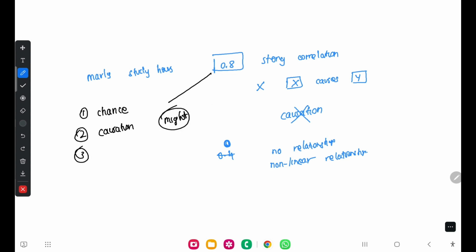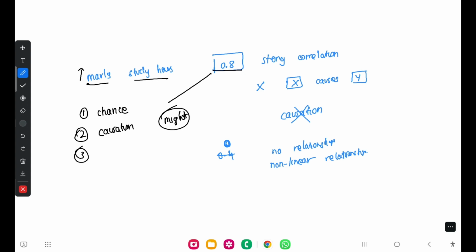And the third factor is maybe because of another variable. Here we took only marks and study hours, and we found a positive relationship of 0.8. But sometimes marks can be increasing not because of study hours but because of some other reason, because of the expertise or experience of your teacher, or maybe the interest you have in the subject, or maybe the motivation given by your friend to study the subject.